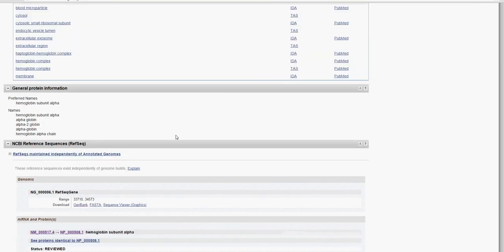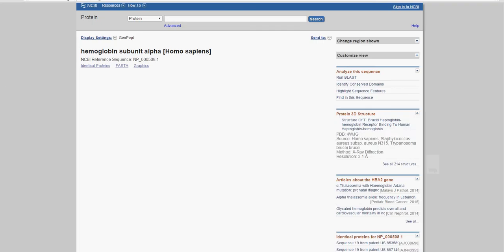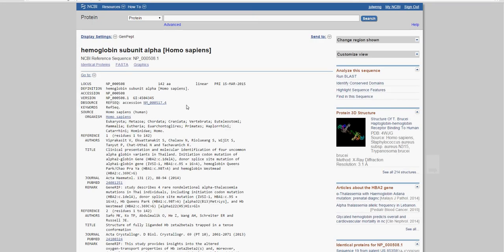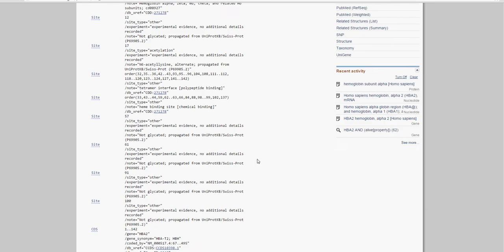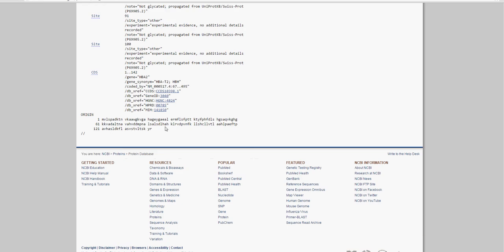Let's look at the protein sequence. The protein sequence has about 142 amino acids. And if you scroll down to the bottom, this is the amino acid sequence.